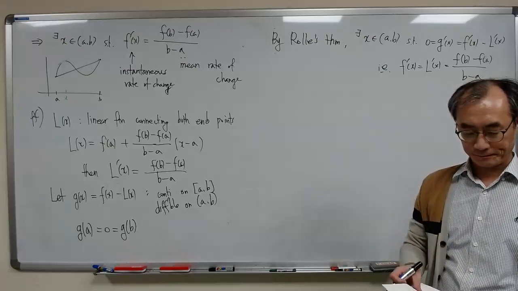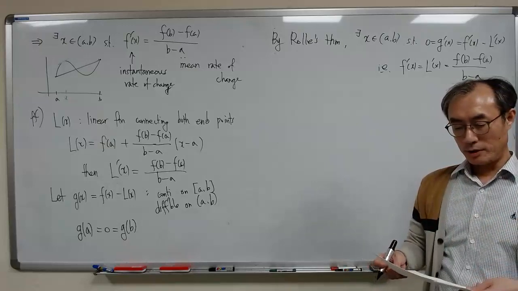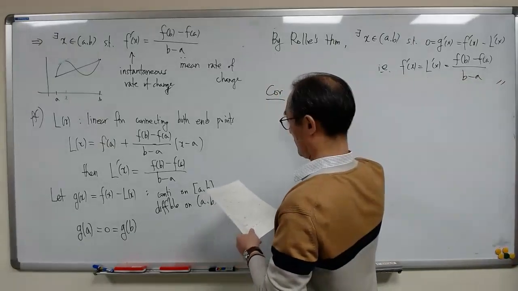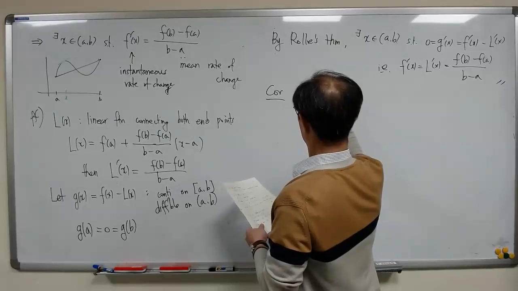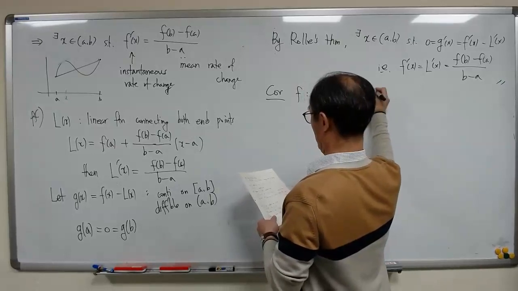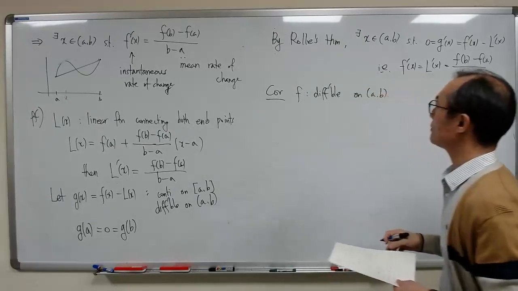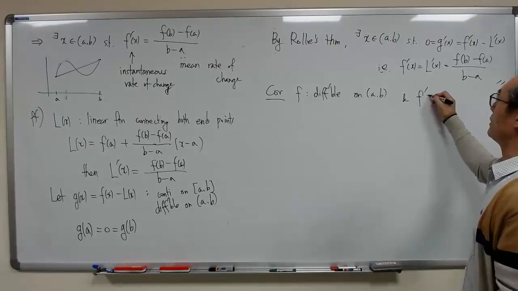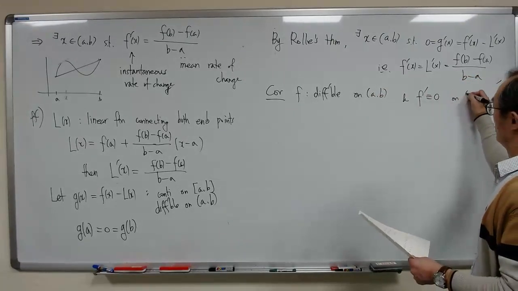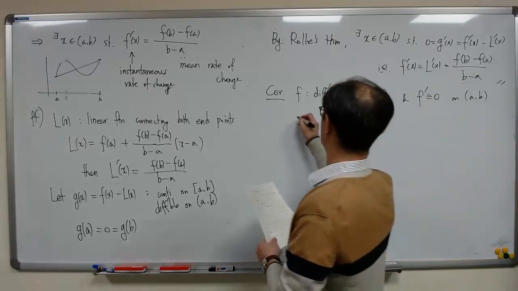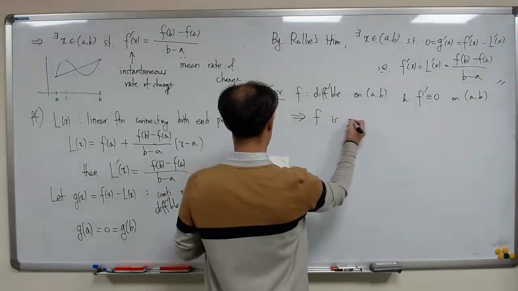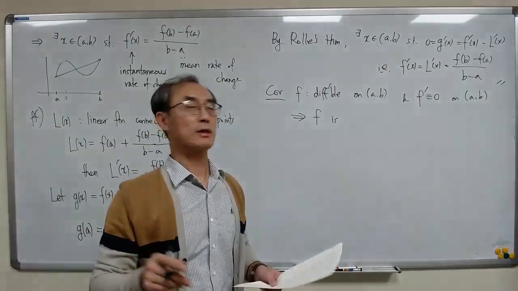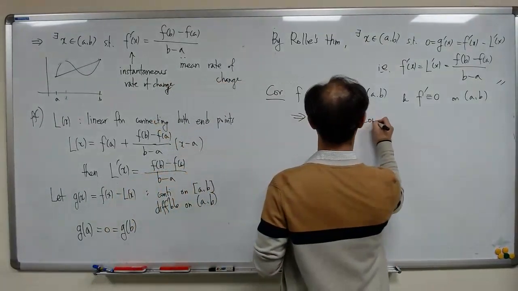And there are a few straightforward consequences of this mean value theorem. If you have a differentiable function and the derivative is identically 0, then this is a constant function. f is a constant.